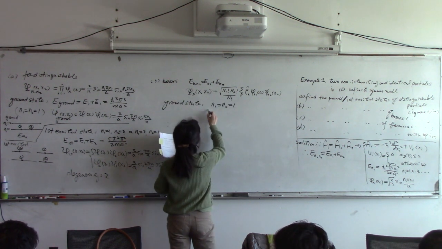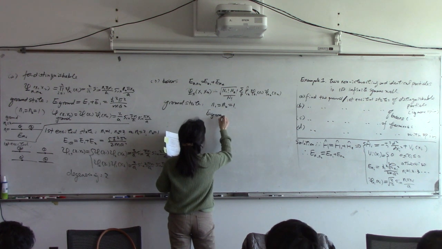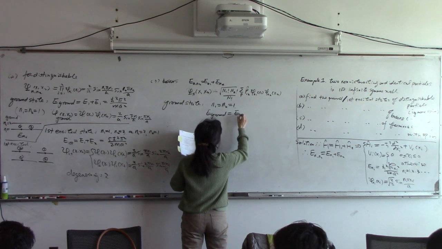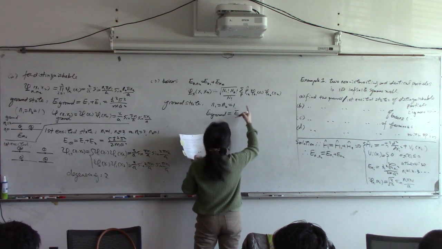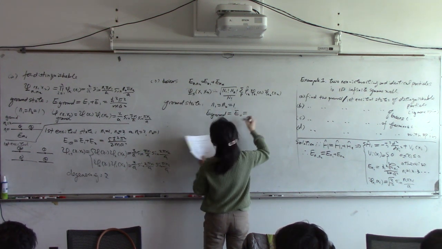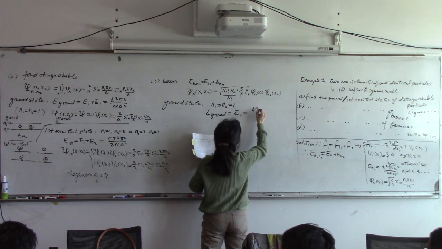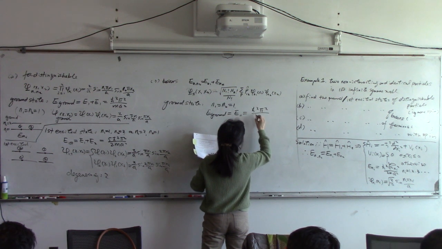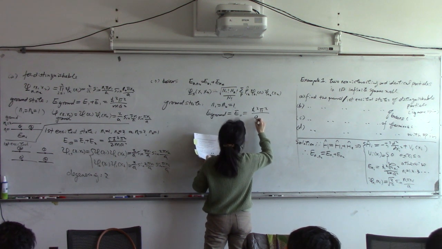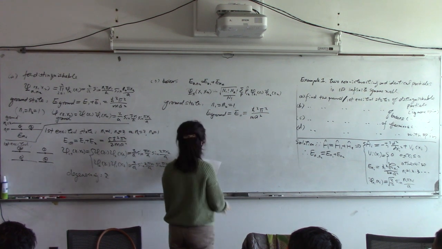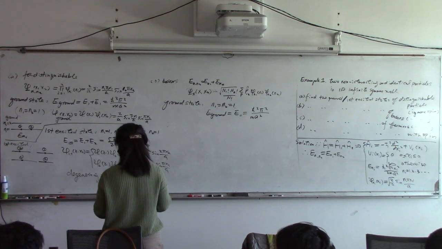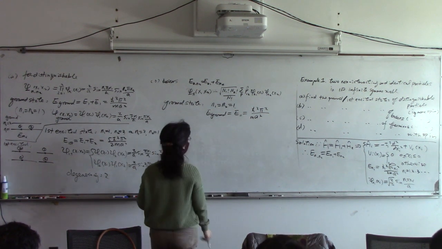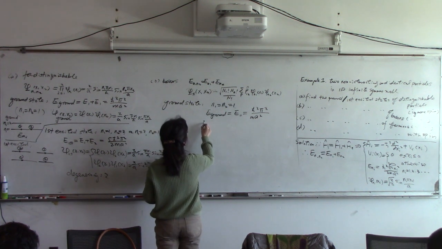Then we have the ground state energy E_{11}, and that is the symmetric one. So that is ħ²π²/(ma²). Ground states.